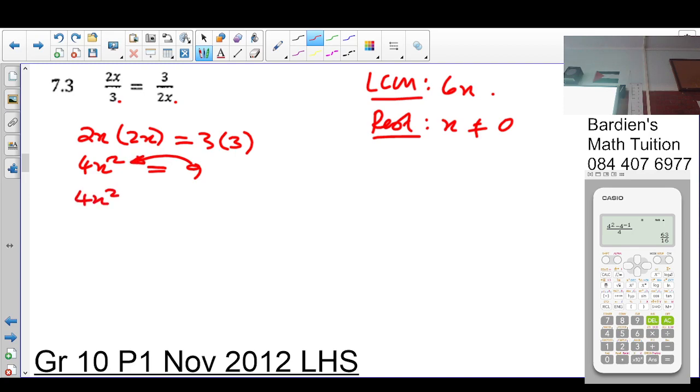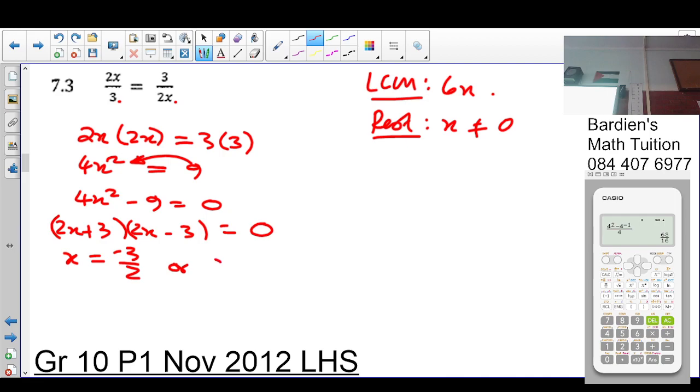So the 4x squared minus 9 is equal to 0. What's going to happen now? Difference of 2 squares. So it's 2x plus 3, 2x minus 3. So x equal to negative 3 over 2 or x equal to 3 over 2. And it doesn't infringe on the restriction. Okay.